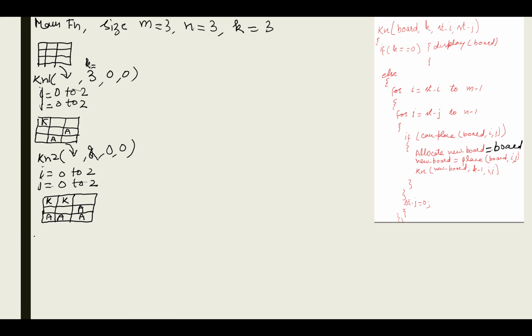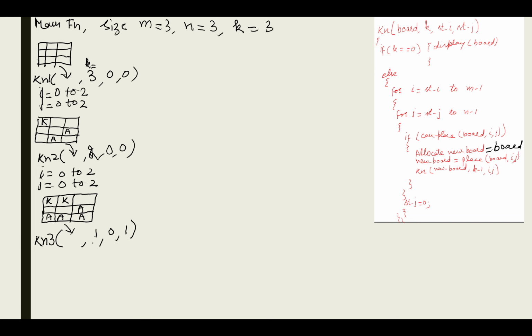But after that we again give a call to kn again. Now this is the third call. This is the board. The number of knights to be placed is 1. The value of i is 0. The value of j is 1. This is the last position where we have placed the knight. So these values are given to this call.